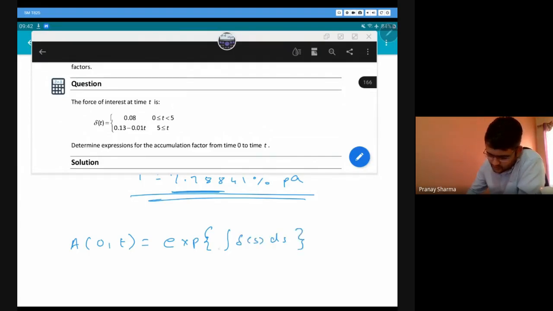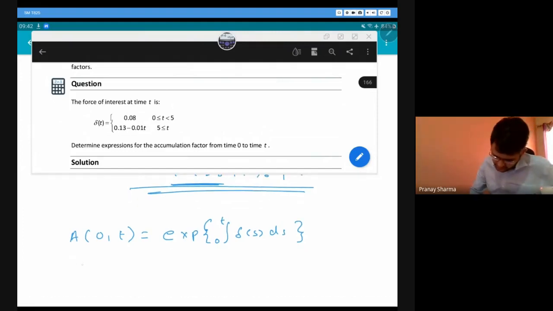Okay, we will be going from 0 to t. Now t is nothing but greater than time 5. You can see here. So I can split this. Now for just an example, instead of t, I can write 8 because t is one of the values that is greater than 5. So I can write this as, first I will go from 0 to 5 delta s ds, plus I will go from 5 to 8 delta s ds.